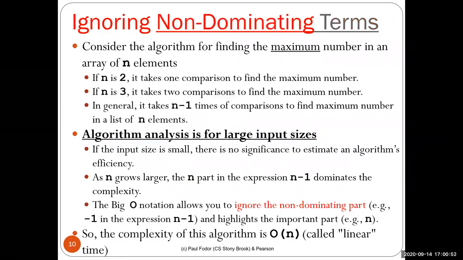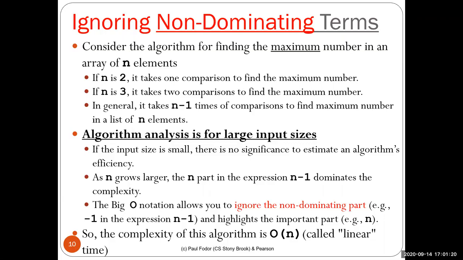Another term that we should ignore when we look at the growth rate is non-dominating terms. If you have a number of steps in an algorithm, for instance, you execute a step that takes O(n), and another step that takes n square.